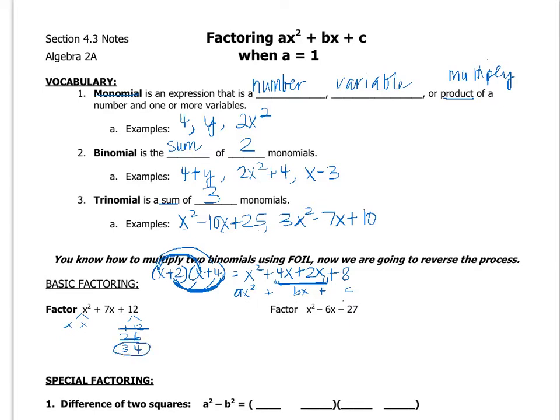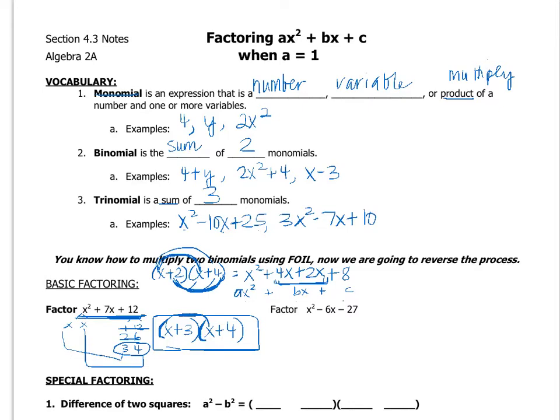The answer is yes. What I'm going to do, because it's positive, I'm going to say an x plus a 3. So I take one x and group it with the 3. And I take the second x and group it with a 4. And because it's positive, I say plus, x plus 4. This is my factored form, it's what we call it, that if I were to FOIL this out, I would end up getting my original trinomial.